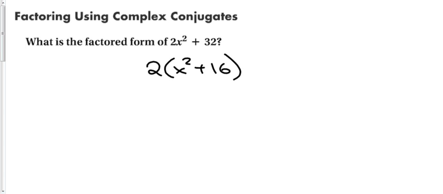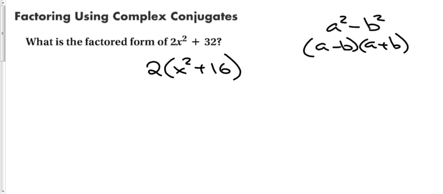The difference of squares, if you remember, a squared minus b squared factors into a minus b times a plus b. So if this problem said x squared minus 16, it would factor into x minus 4, x plus 4.